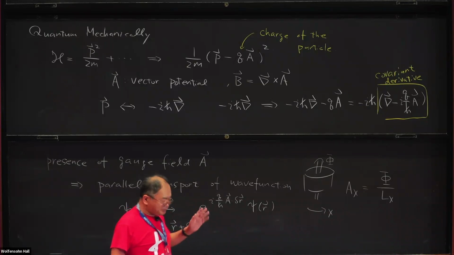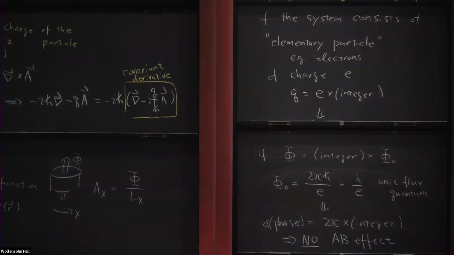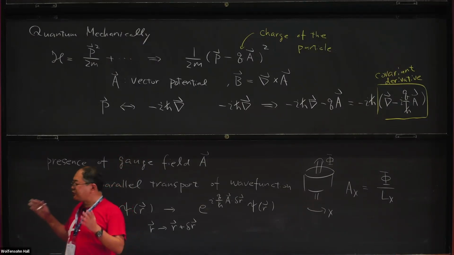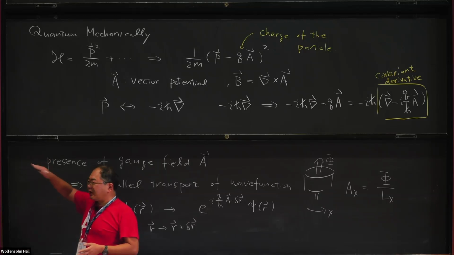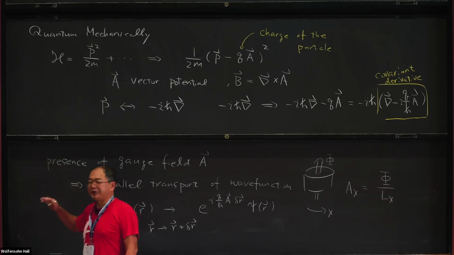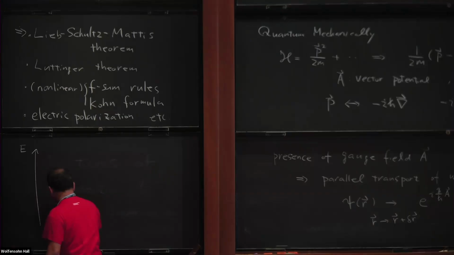So for example, if you are studying a many particle system, then one thing you usually want to do is to obtain the energy spectrum, the spectrum of the many body Hamiltonian. Then, because of the AB effect, the spectrum generally depends on the magnetic flux. So let's say this is energy, and you have a ground state, the first excited state, second excited state, and so on.